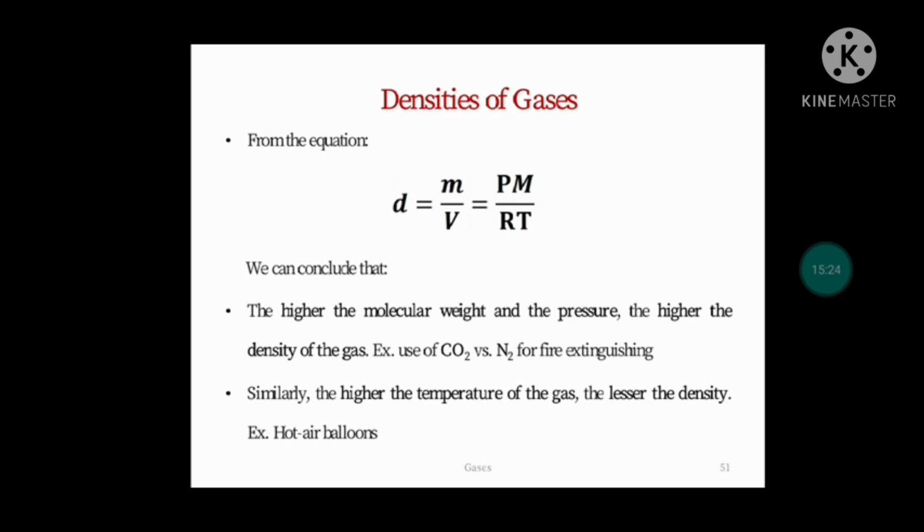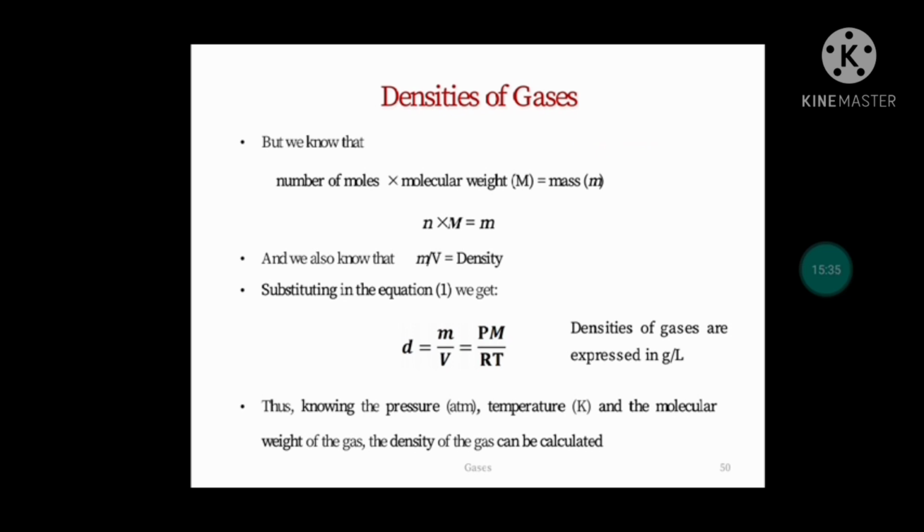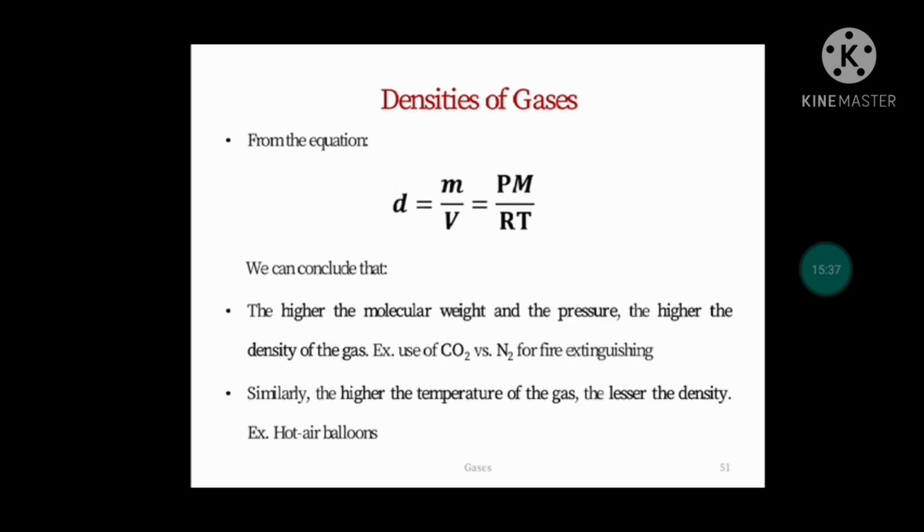You can see this is the final equation: d is equal to m upon V, it is equal to P into M upon R into T. M is your molecular weight, R is the gas constant, and T is the absolute temperature.